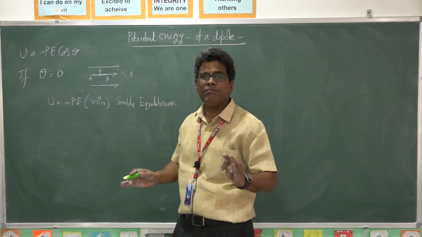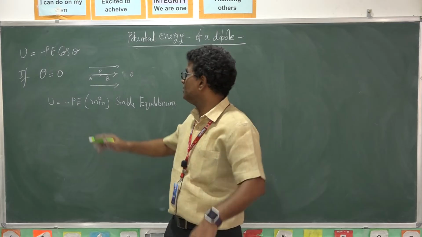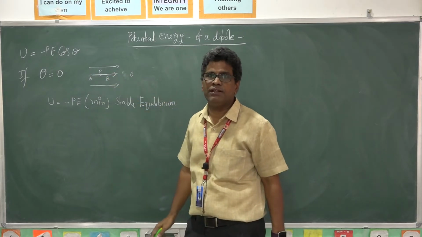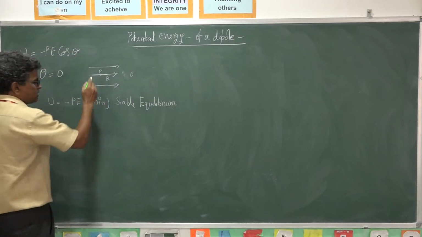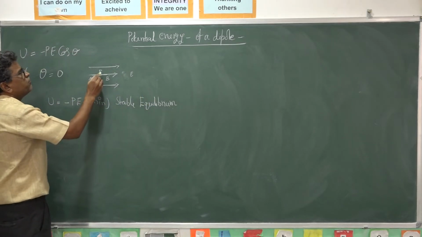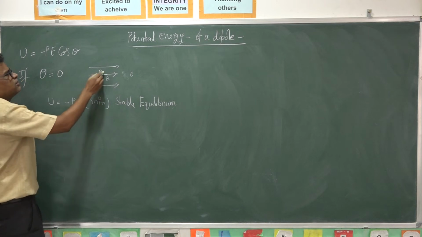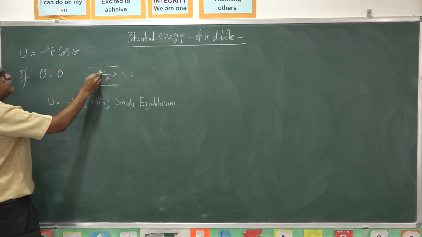When you leave it from that position, it again comes back in the direction of the field. That is called stable equilibrium. Suppose this dipole is pivoted at its center, then it executes SHM.